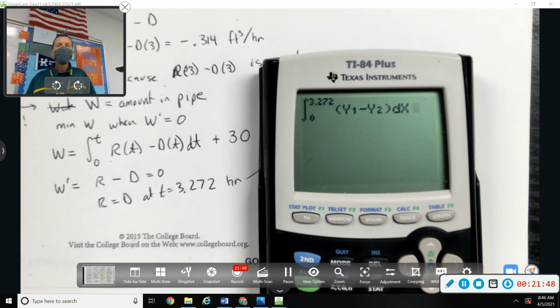I need to be careful though, that's the change from 0 to 3.2 hours. So it went down by 2, but that's not how much water is in there because we started with 30.